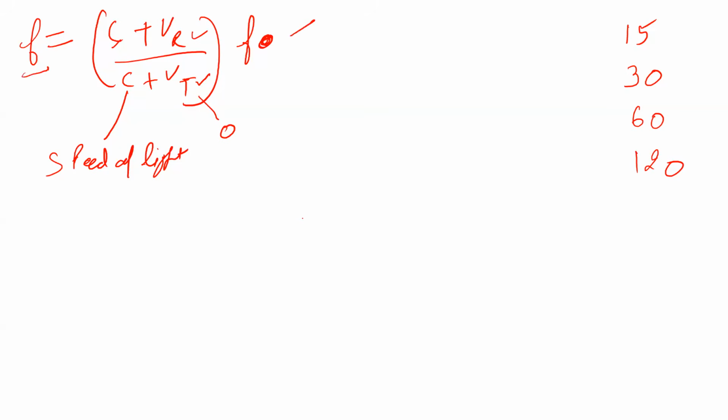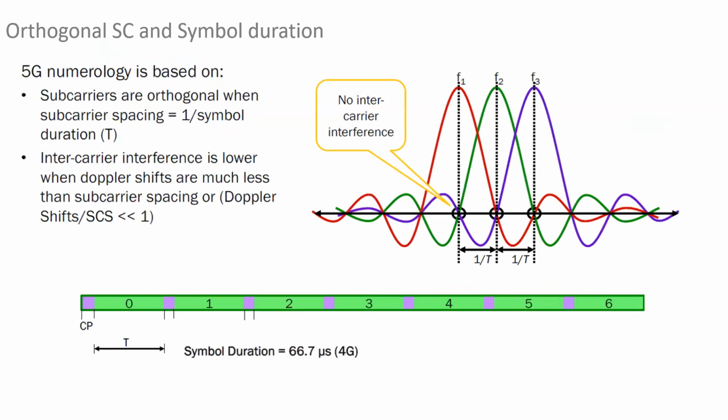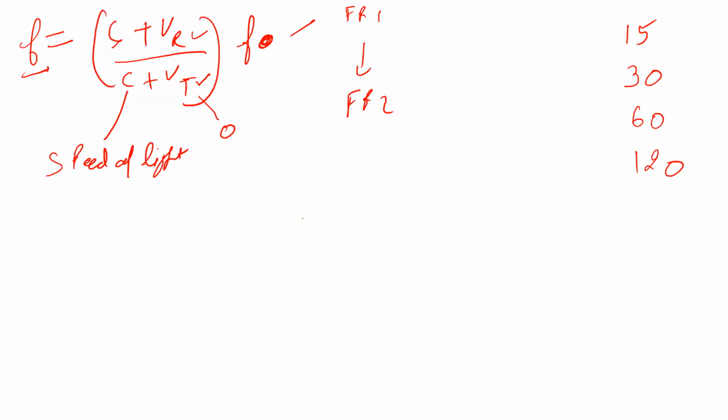Okay, so if we go from FR1 to FR2, this Doppler shift will increase. According to calculations, at 2 gigahertz, my Doppler shift is 1 kilohertz.